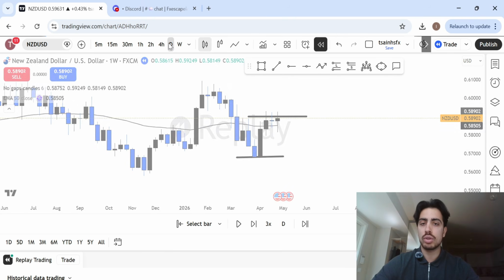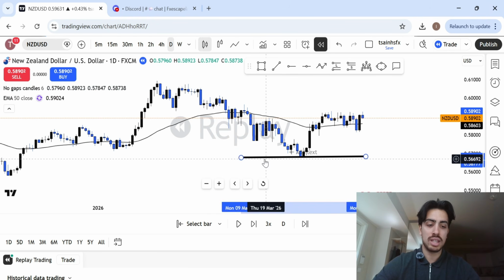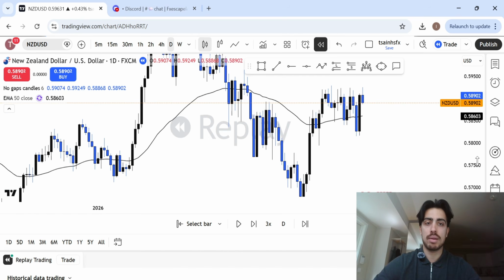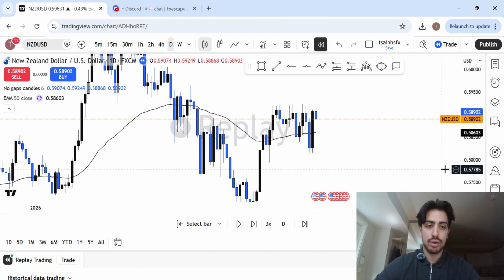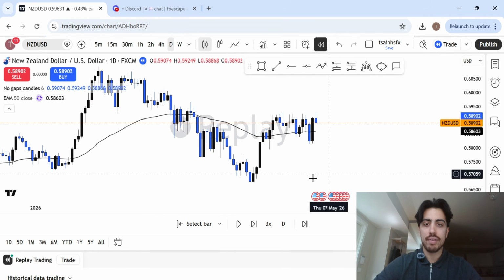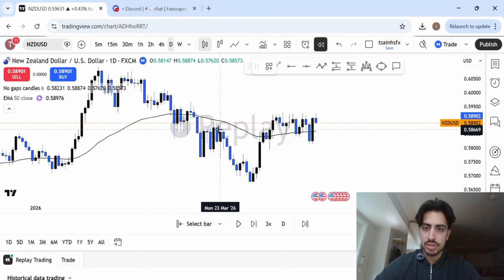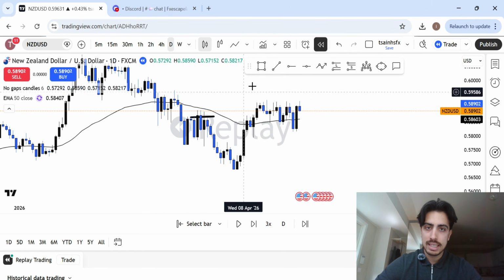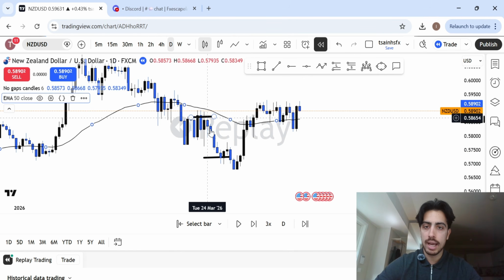Okay, let's go to the daily time frame. We delete that and start doing the exact same thing again on the daily. This principle is the exact same for everything, just to clarify. Here we have lower high, lower low.